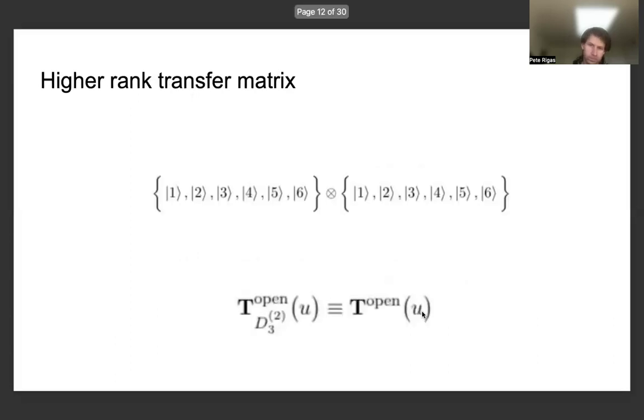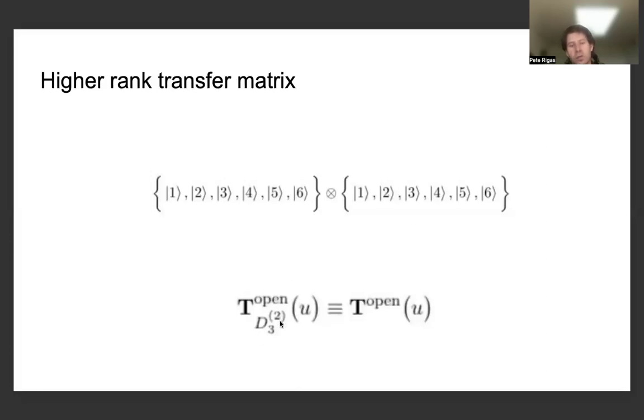The higher rank transfer matrix, which we had for the D22 spin chain, has a state space for forming configurations given by 36 possible configurations, from the tensor product of these six ket states with itself.